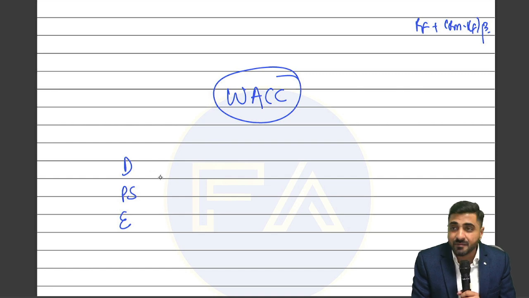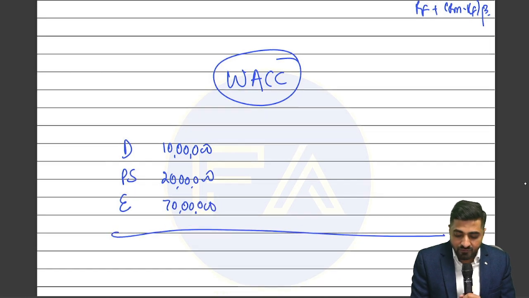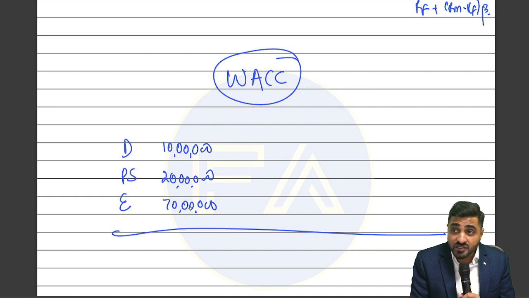Suppose debentures are 10 lakh, preference shares 20 lakh, and equity share capital, let's say, 70 lakh. What's the total amount raised? 1 crore. Don't you think I should take the weights of this?